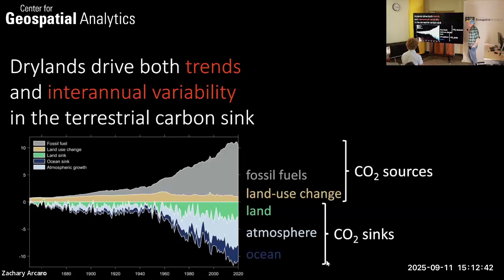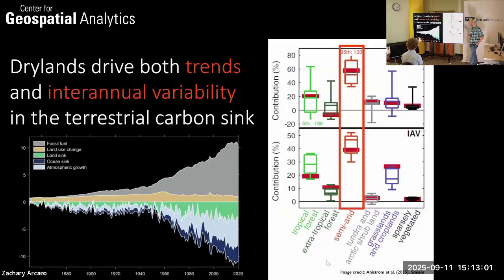About 50% of the CO2 that we emit stays in the atmosphere. The other 50% goes either into oceanic ecosystems or terrestrial ecosystems. And so those ecosystem processes are effectively giving us a 50% off discount on our carbon emissions by sequestering that CO2. Drylands play a surprisingly big role in that carbon sink.